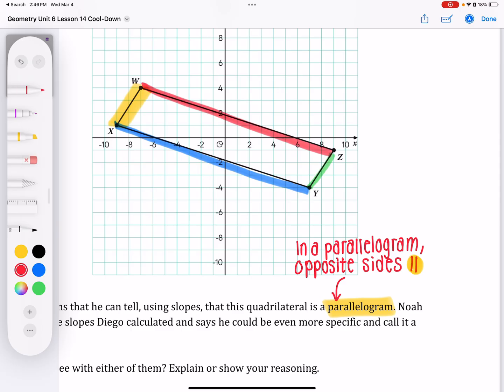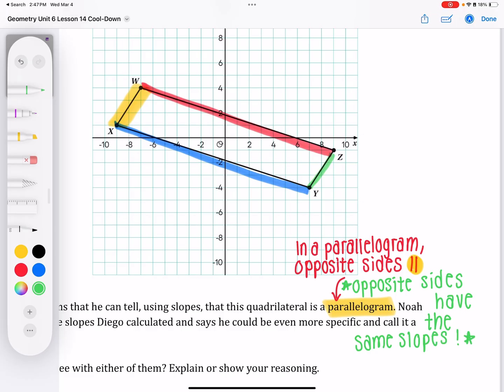So I'm going to write here that opposite sides have the same slopes. And this is really important here.